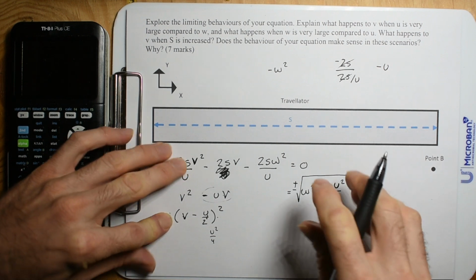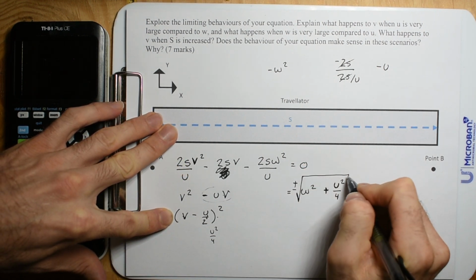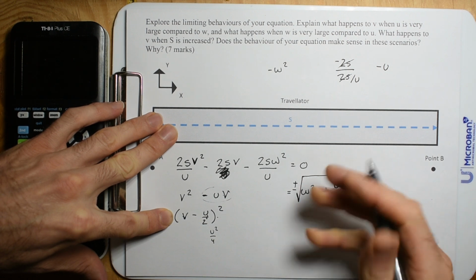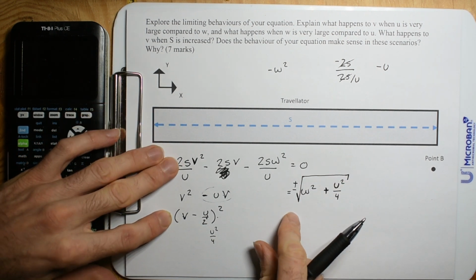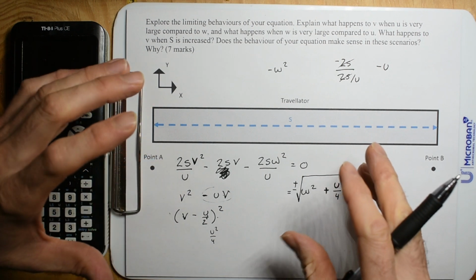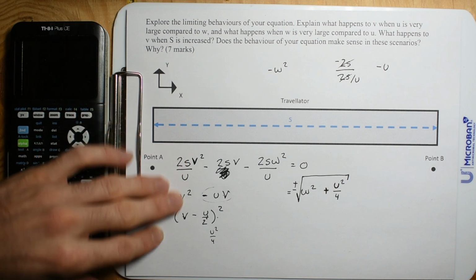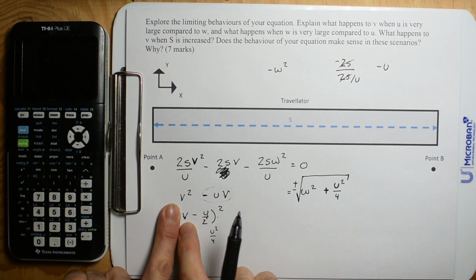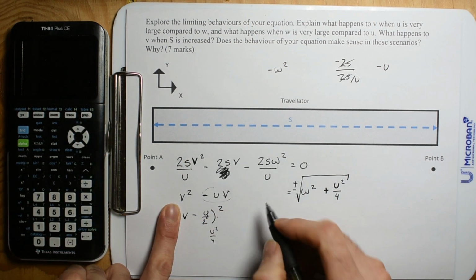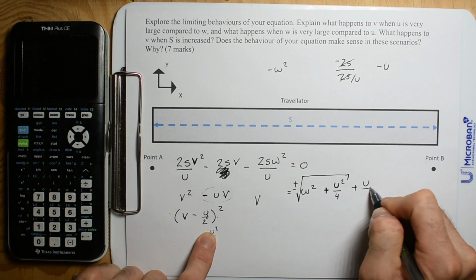That's where I need to watch more videos on imaginary solutions, what does it mean when another solution doesn't have a tangible meaning? Anyway, when we take the square root, we're just left with V minus U squared. So we can just say V is equal to this plus U squared.